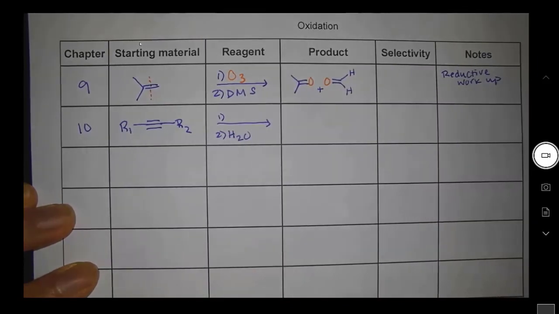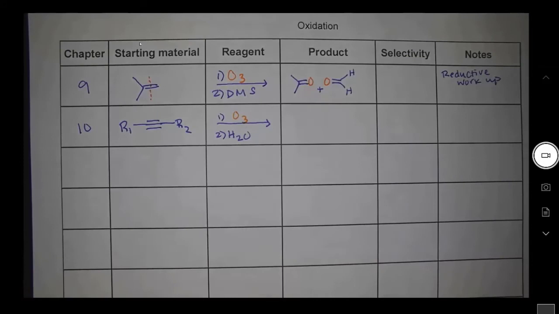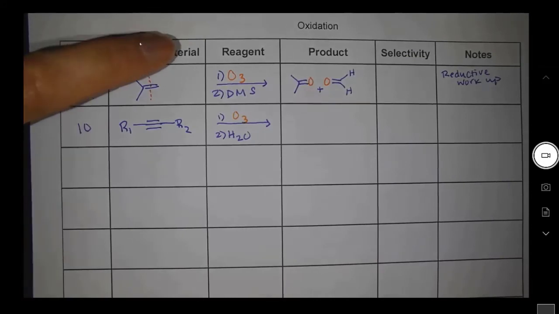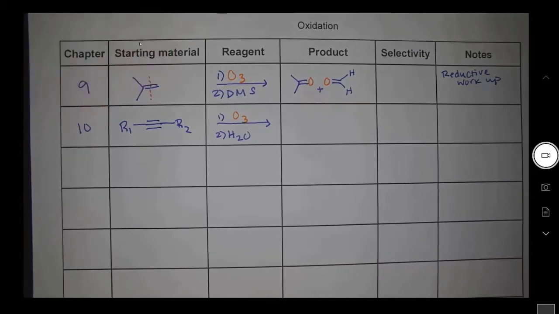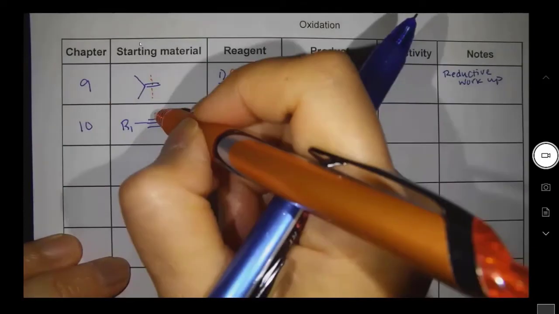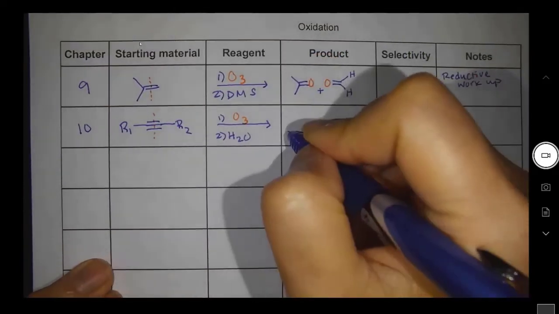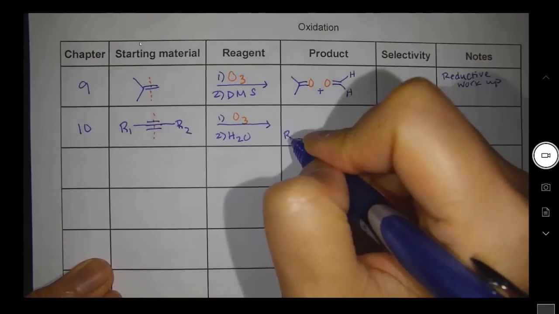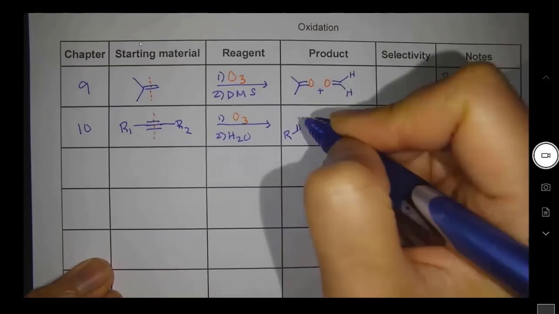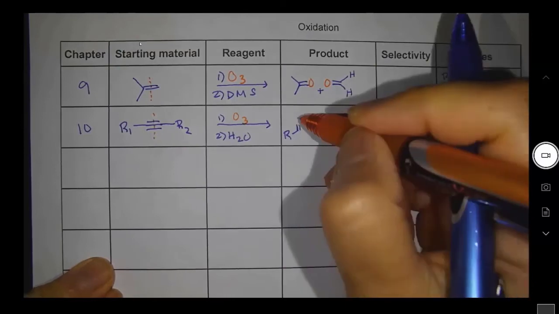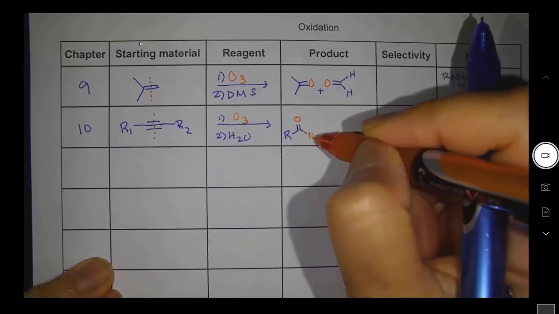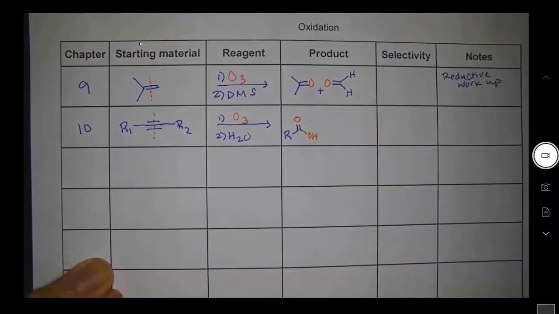All right, this is ozonolysis. So we're adding O3. If you look above here, when we added O3 to the alkene, that cut the alkene in half and then put oxygens there. We're going to do the same type of thing here, but the water is going to act as an oxidative workup. So we get this O here, but we also get an O on the other part of the carbon.